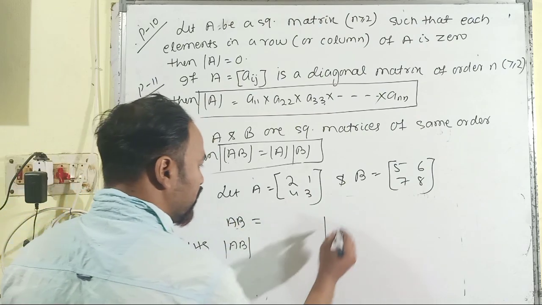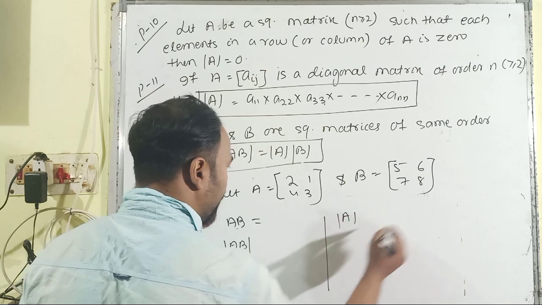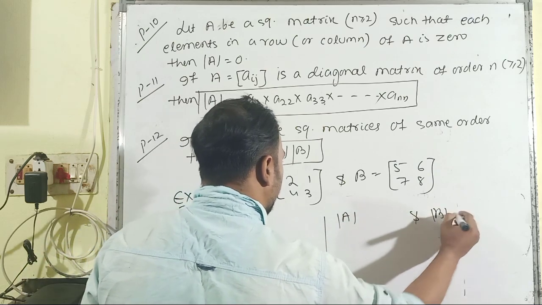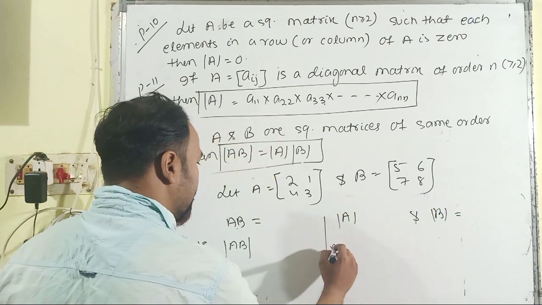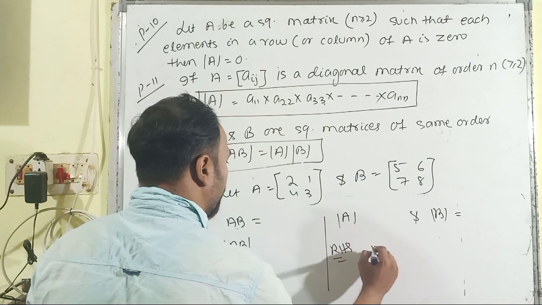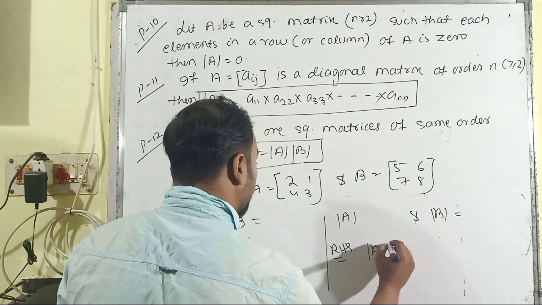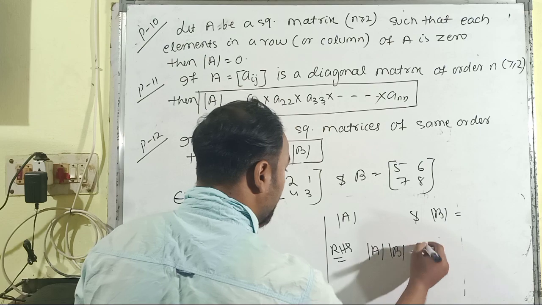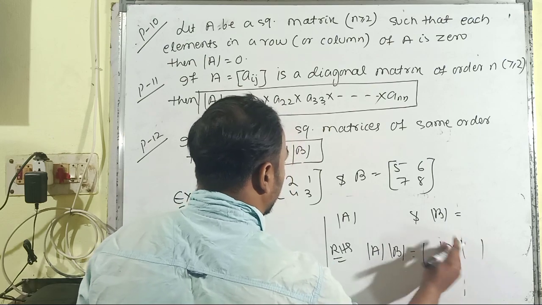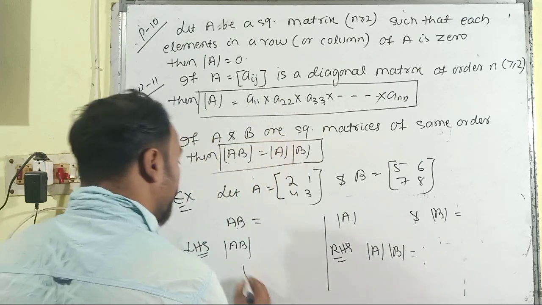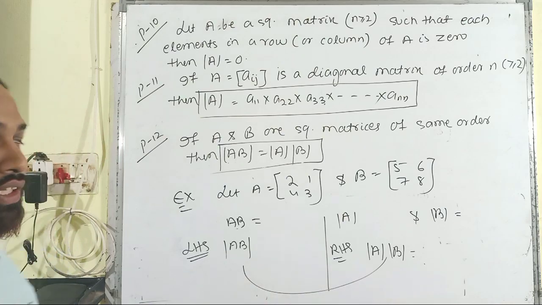Then you have to find the determinant of A and the determinant of B. And then on the right hand side, you multiply the determinant of A with the determinant of B, and you can see that both of the results are equal with each other.